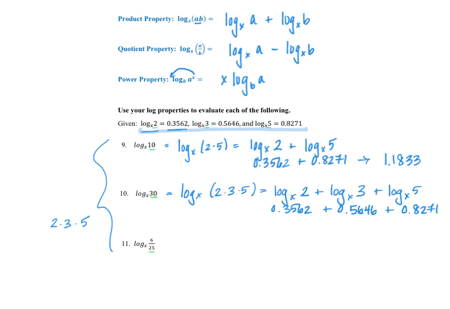So 0.3562 plus 0.5646 plus 0.8271. And that's going to give me 1.7479. Okay, one more thing to try.